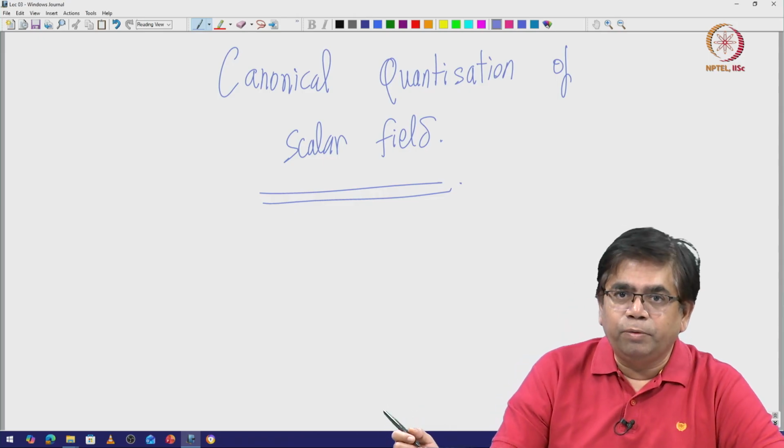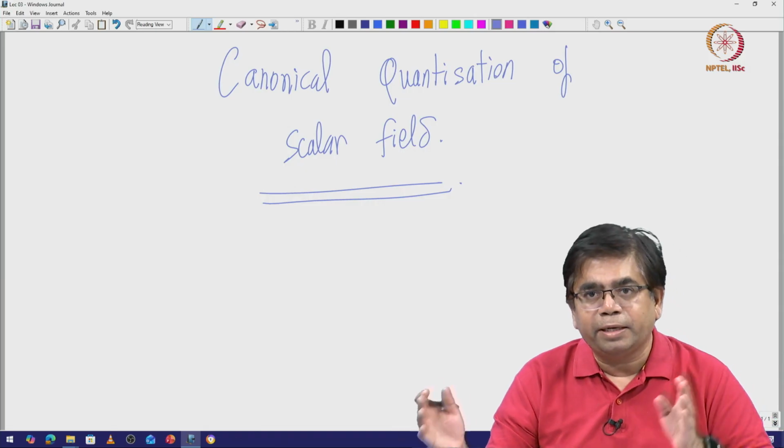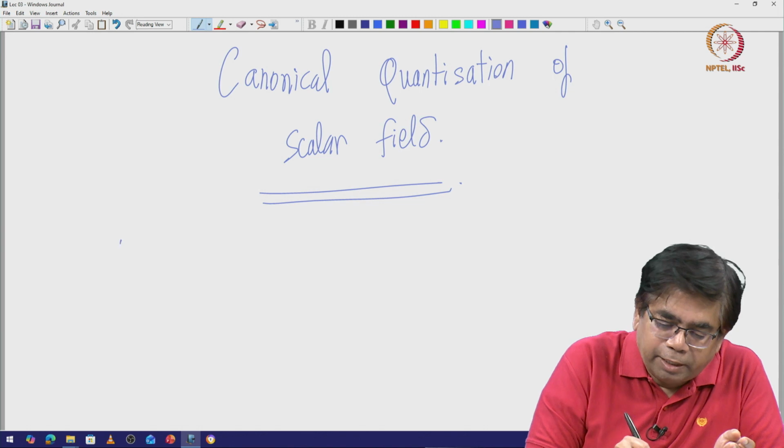Now we want to move to classical fields. We want to do the same example. We want to write a Lagrangian instead for a relativistic scalar field.